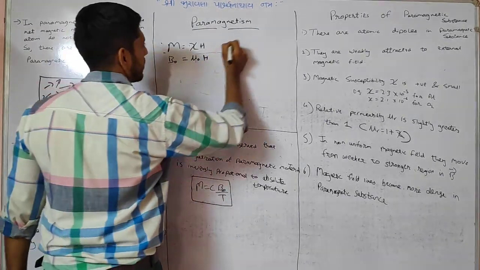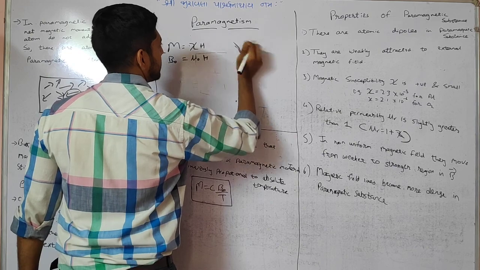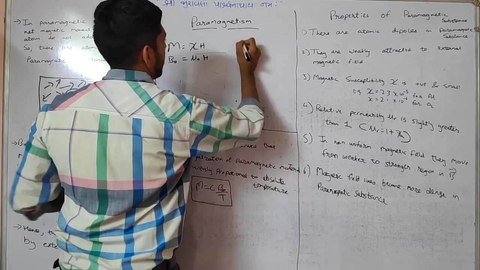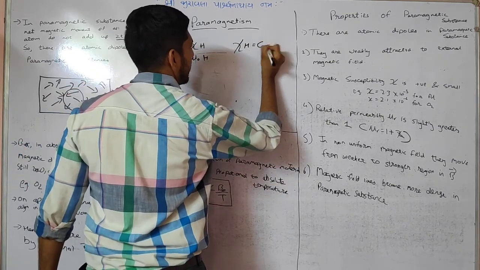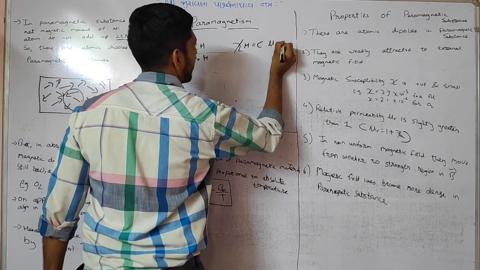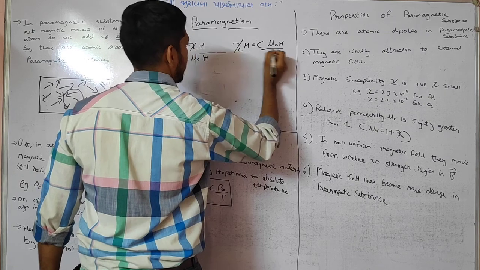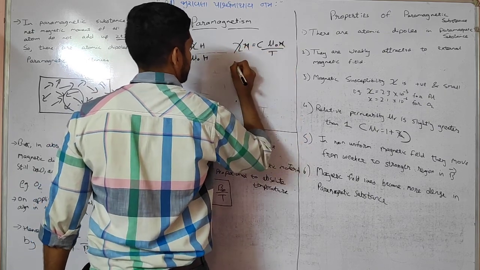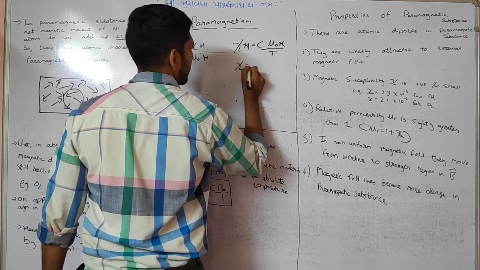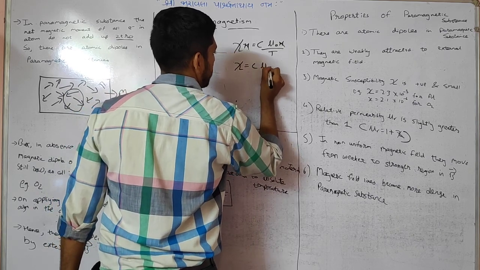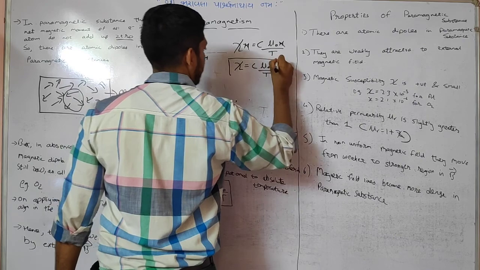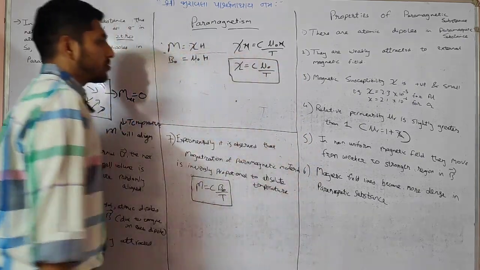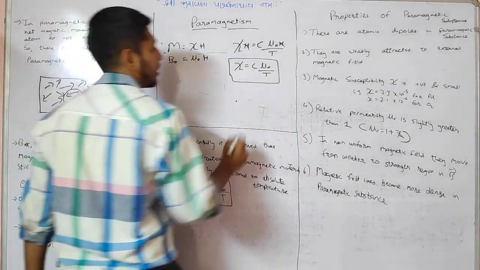So it will be zeta H equals C mu 0 H upon T. From here H will get cancelled, which means that zeta is equal to C mu 0 upon T. This is known as Curie's formula.